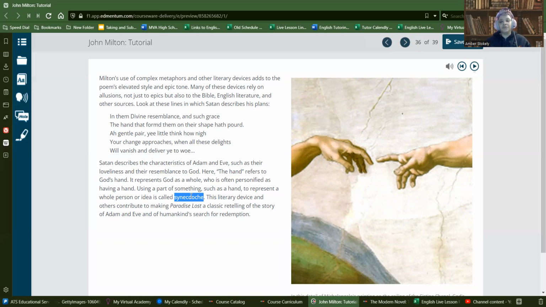So just to give you the formal definition so that you might have something to write down for your notes. A synecdoche is when you use a part of something like a hand to represent a whole person or idea. This also works in the reverse. If you use the whole of something to refer to a part of something, then it's also synecdoche.